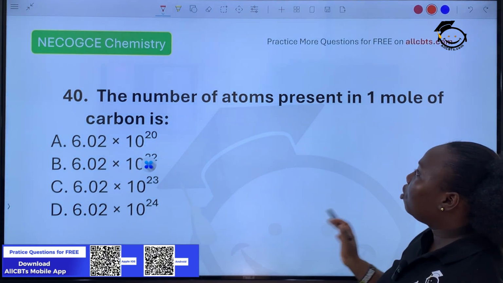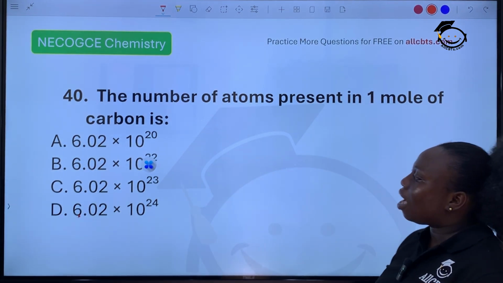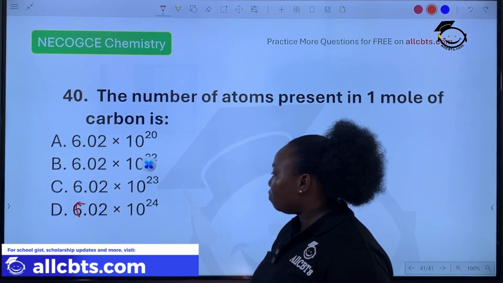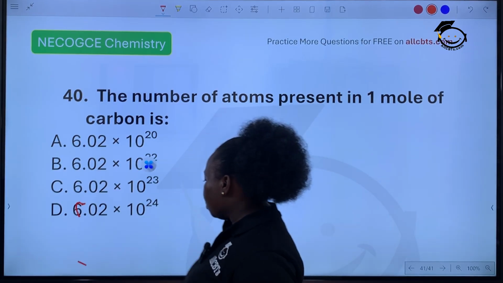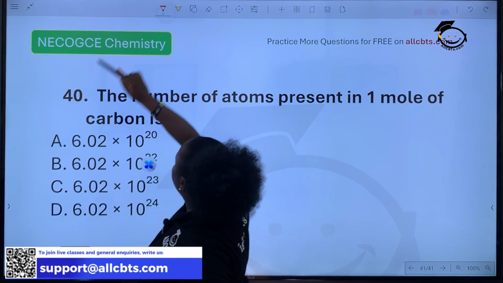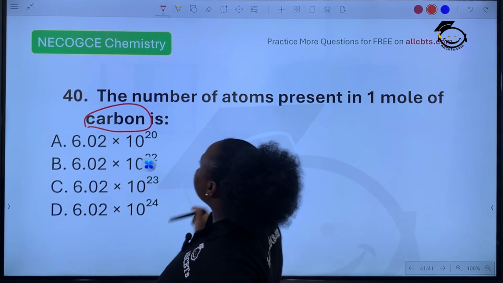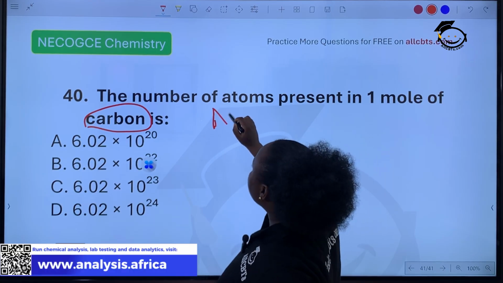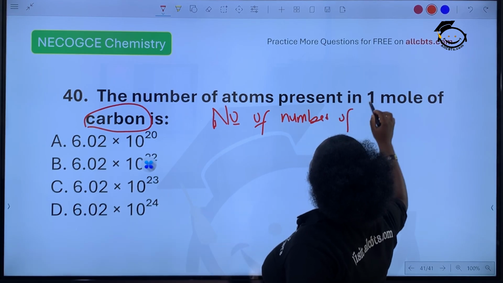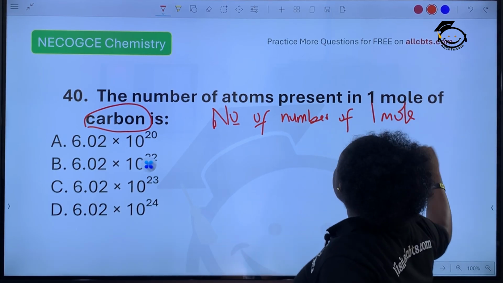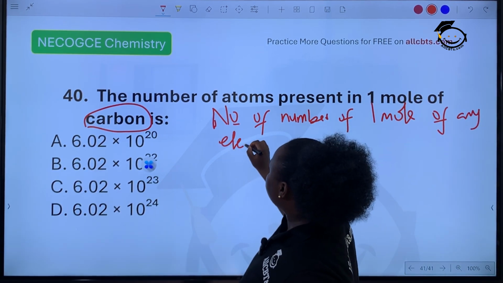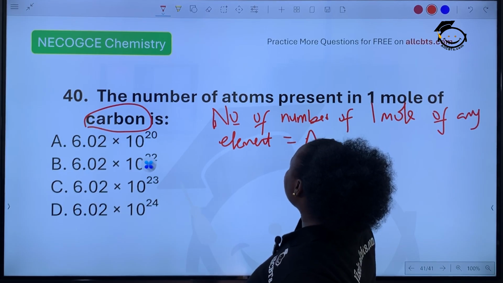Number 40, the number of atoms present in 1 mole of carbon is what? Irrespective of whatever element you are given here, just know that the number of atoms in 1 mole of any element or compound is equal to Avogadro's number.